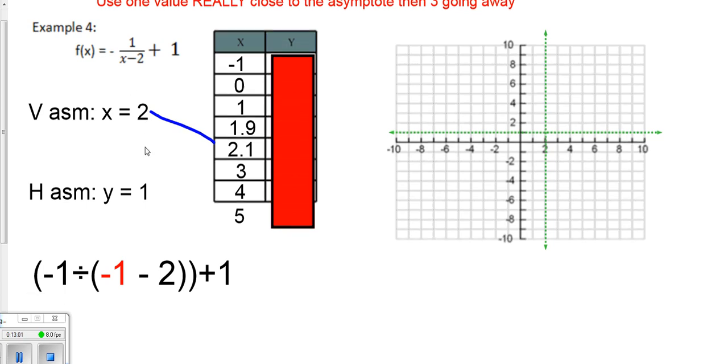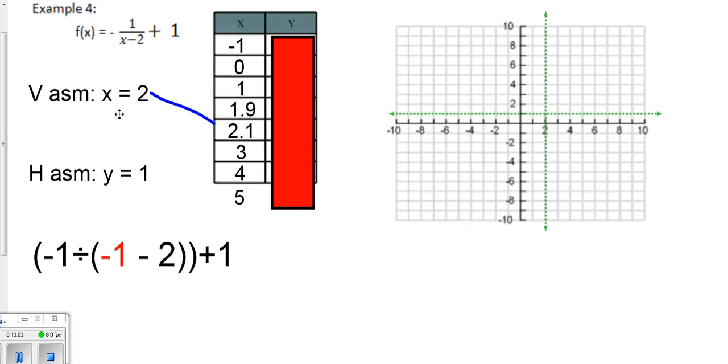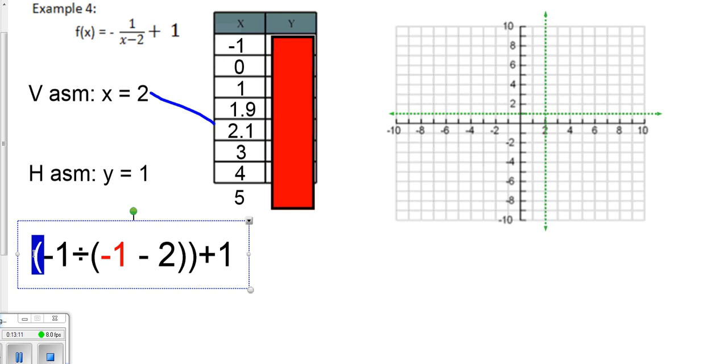And again, this is how you might type it in on your calculator. Because we need all of this rational part first, and then add 1, we open up a parentheses first. So that's this piece and this piece. Now we have a negative outside of it that we can apply to either the top or the bottom. To make it easy, let's apply it to the top, and we'll call it negative 1 on top divided by x minus 2.